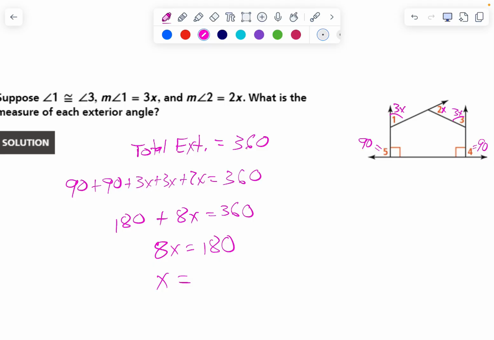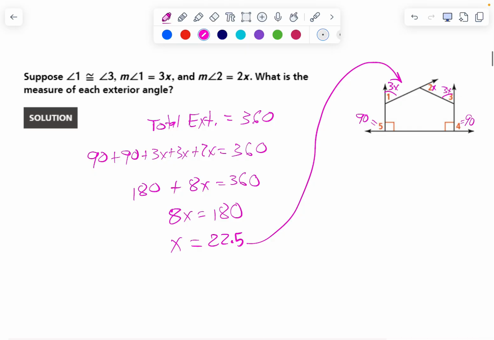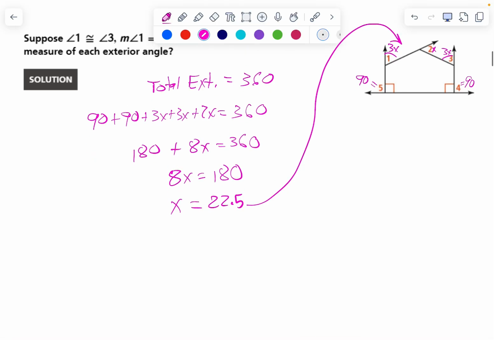What's 180 divided by 8? So x is 22.5, and then plug that back in for each of the angles. All right, so that's kind of just a version of exterior angles. Any questions on it?